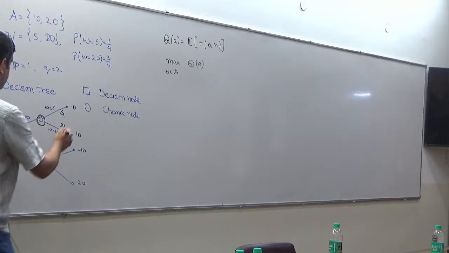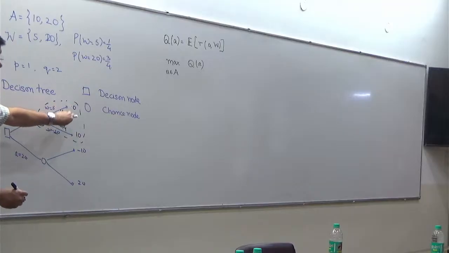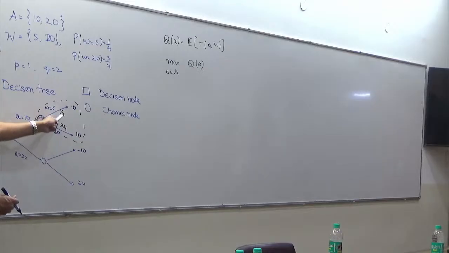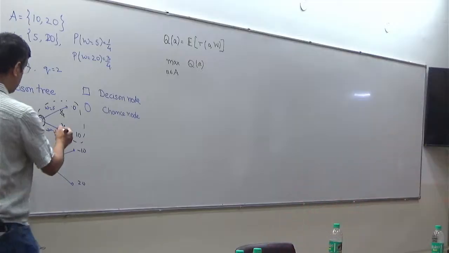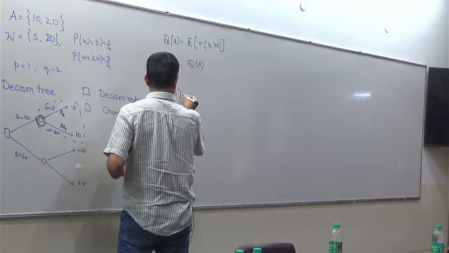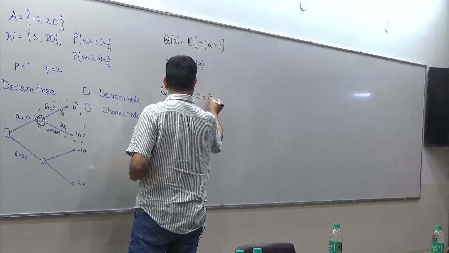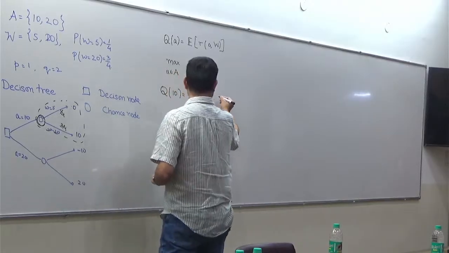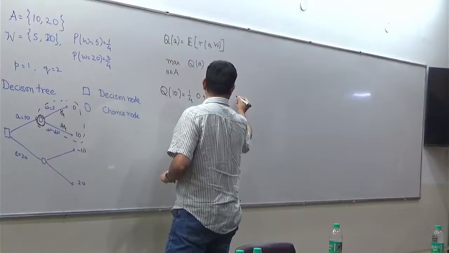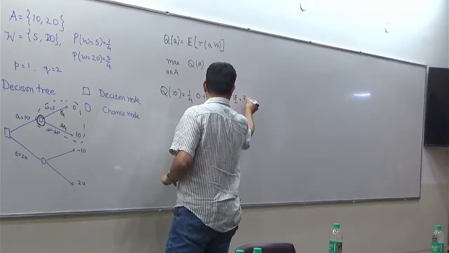So I'll take this subtree and I'll average the values at the leaf nodes of this tree according to the probabilities of these values. Okay? So, looking at just that tree, Q of 10 should be 1/4 times 0 plus 3/4 times 10, which gives me, let's just say 15 by 2, so 7.5.